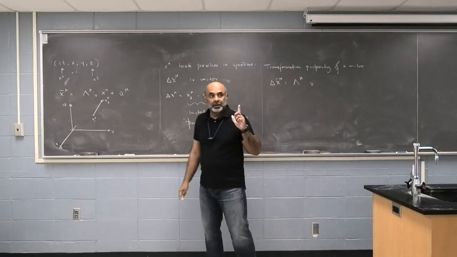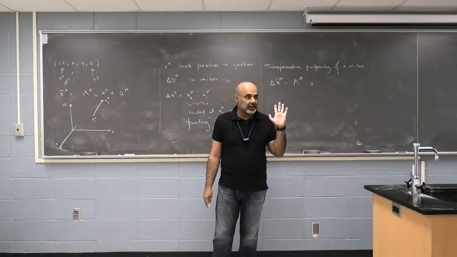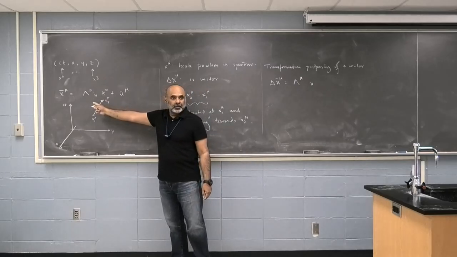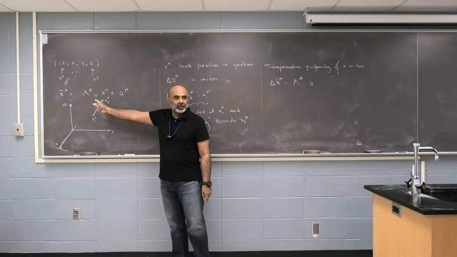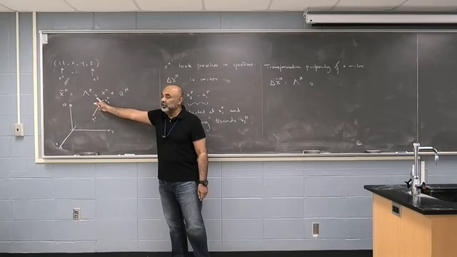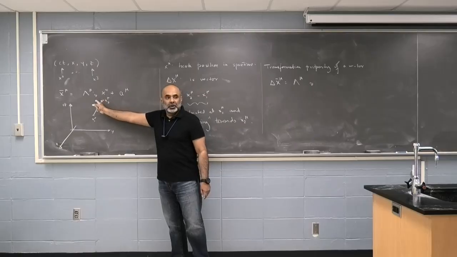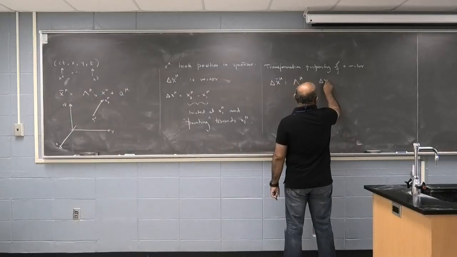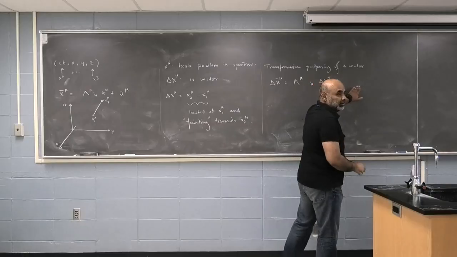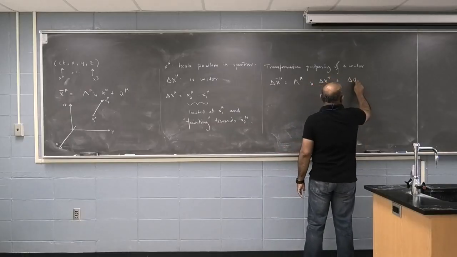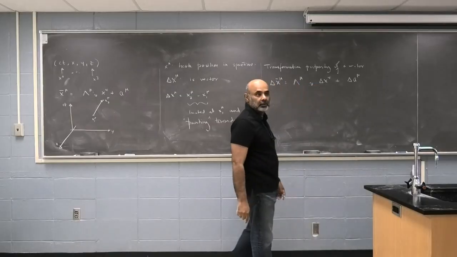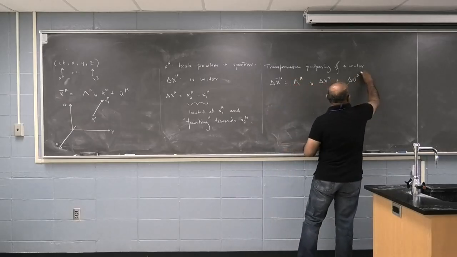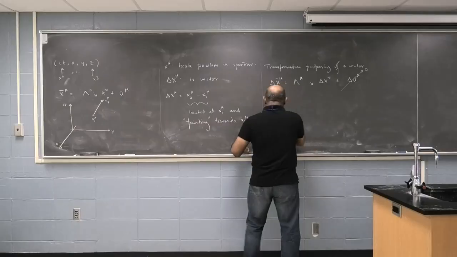Let's not forget the Einstein summation convention. When you see this, what's being summed? Nu, repeated indices up and down. What's the change in a constant vector? 0. So this is 0. Let me just write it.